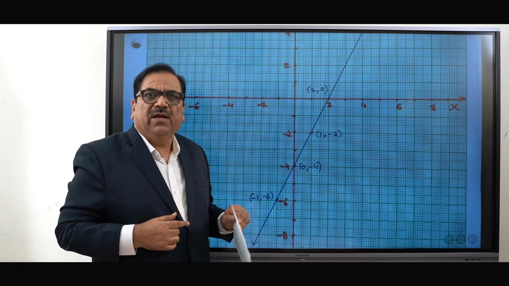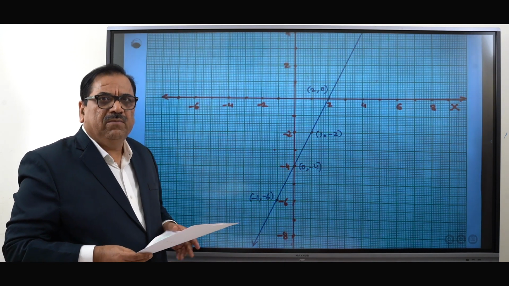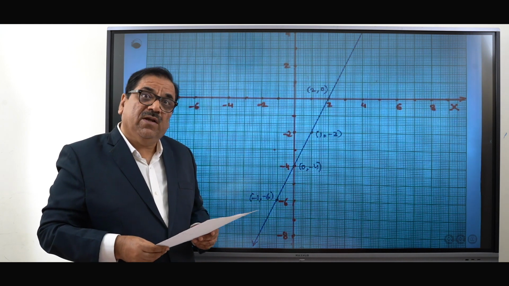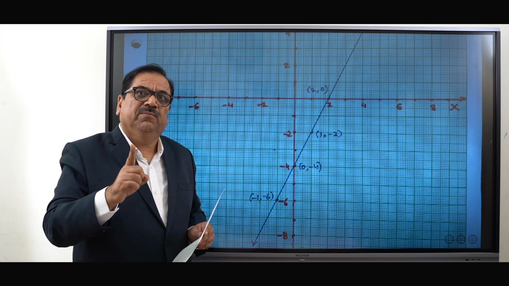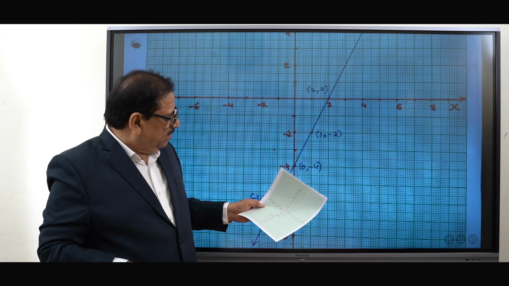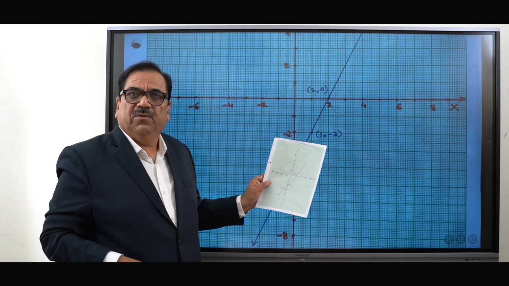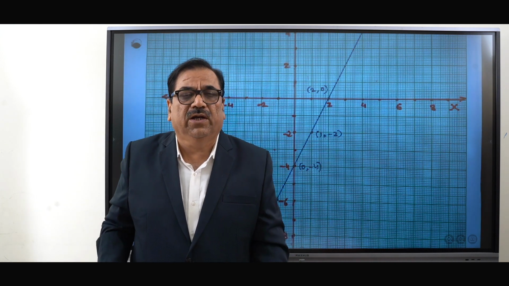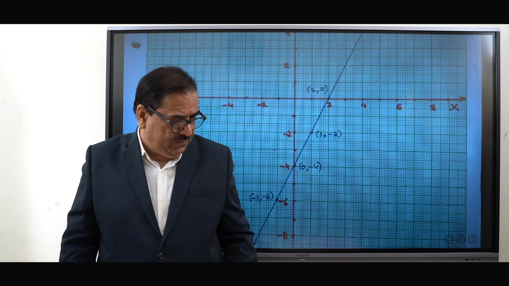Whenever I need graphical paper work, I will repeat the same thing, and whenever you do the graphical work, you have to do it with a pencil, systematically and correctly. And when you understand how to plot the graph, your confidence is increased.